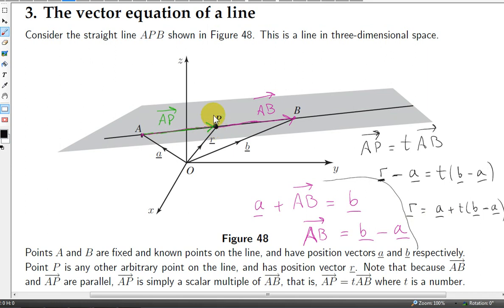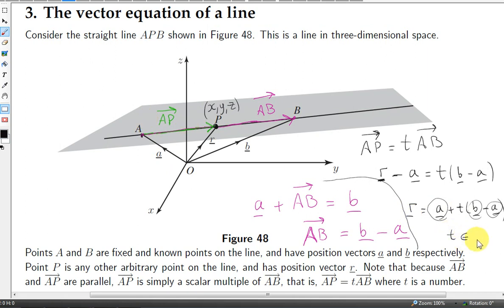So the coordinates of any point on the line are x, y, z. Points A and B, and hence vectors A and B, are given. So we will know these. So all we have to do is plug in real numbers for T to generate position vectors for points on this line.